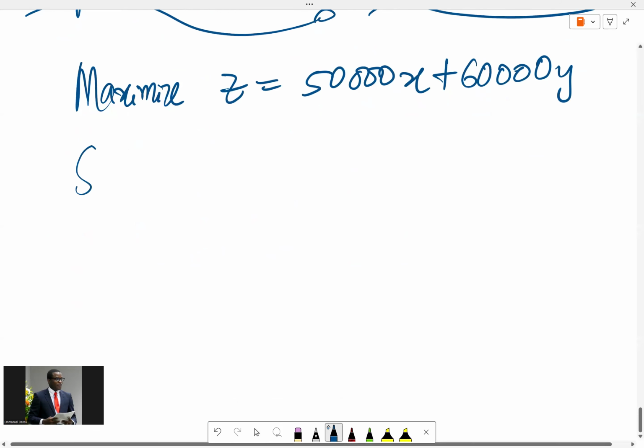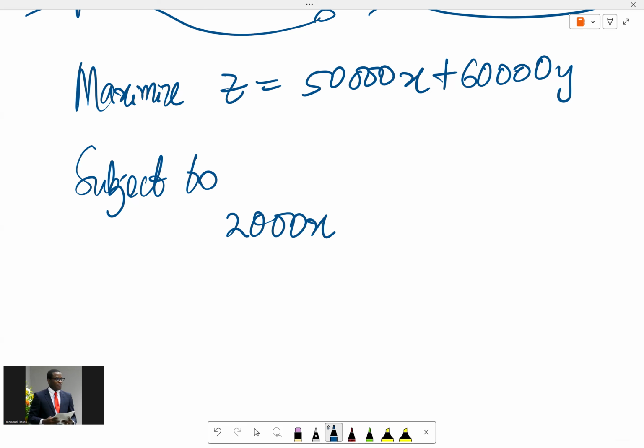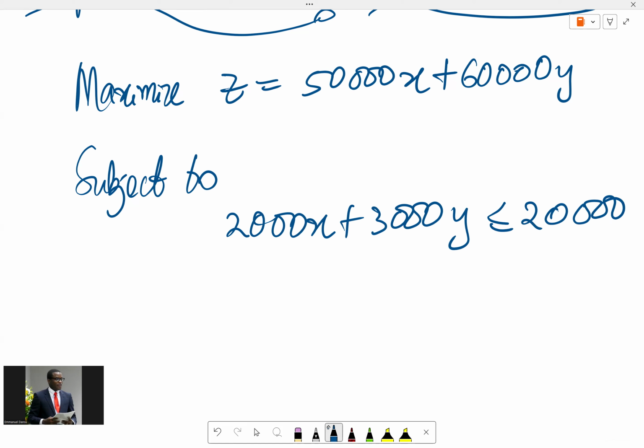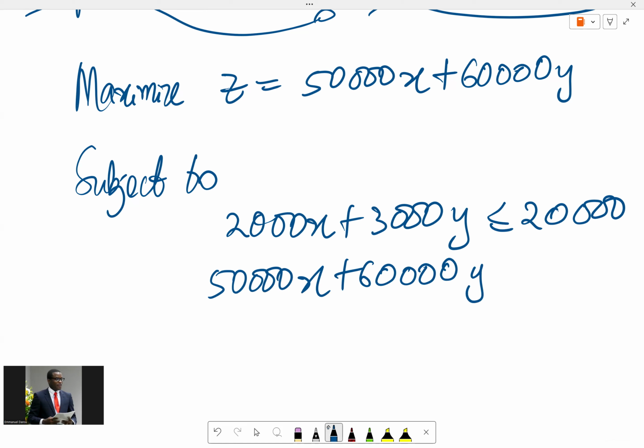Then the constraints will be presented like, subject to: the first constraint is 2000 X plus 3000 Y less than or equal to 20,000. The second constraint is 50,000 X plus 60,000 Y greater than or equal to 180,000.